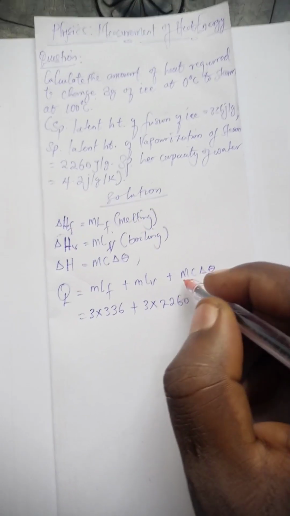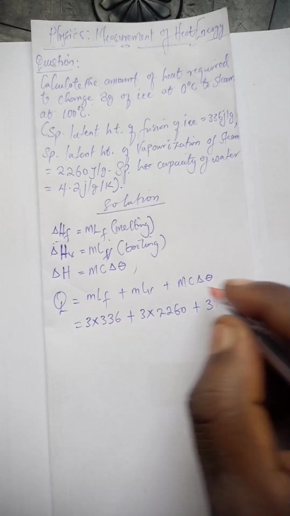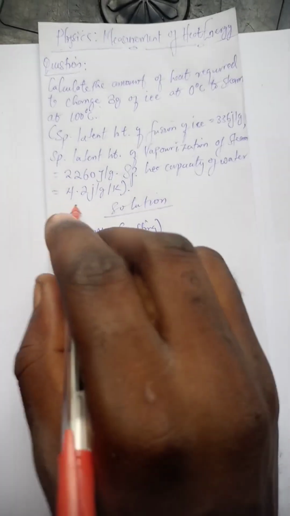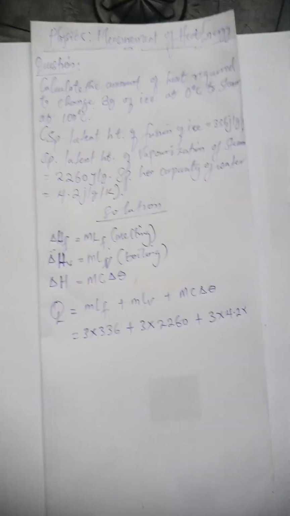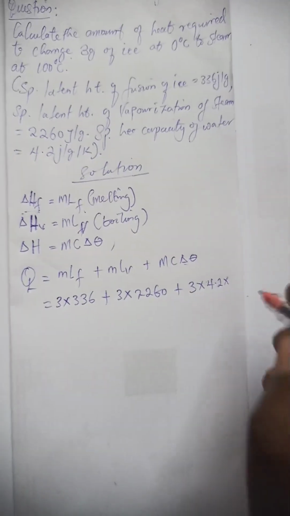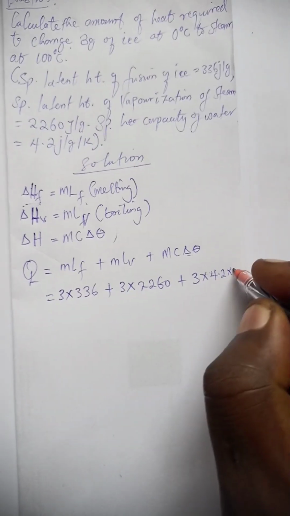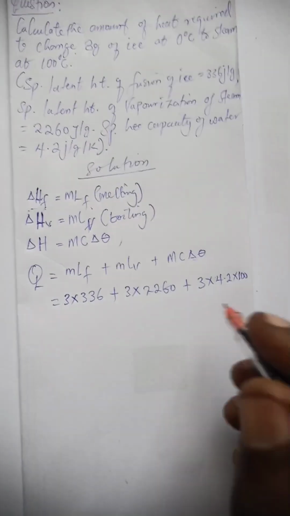Then plus m here is 3 times specific heat capacity of water, which is 4.2, times change in theta, which will now be 100 minus 0, so it's still 100.